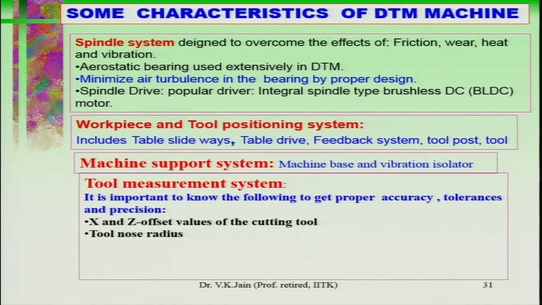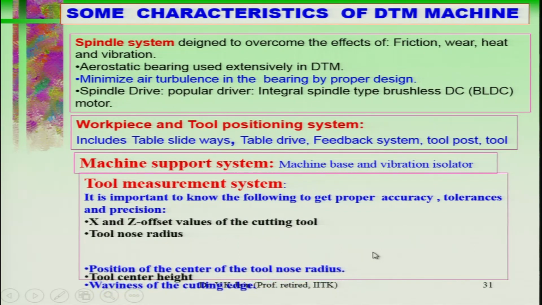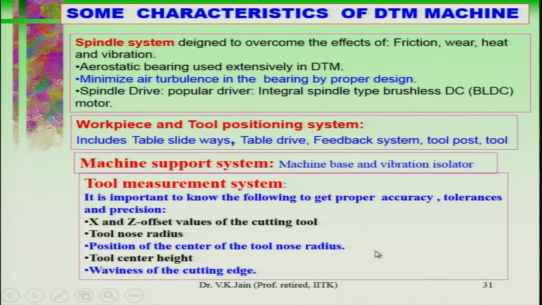X and Z offset, x axis and z axis offset values of the cutting tool, tool nose radius, they should be known in advance, so that you can set rest of the things, because if you know the tool nose radius, then only you can predict what is going to be the surface finish, because surface finish is controlled by the tool nose radius as well as the feed rate. Then position of the center of the tool nose radius, if it is not positioned correctly at the center, then final results may not be as you expect.